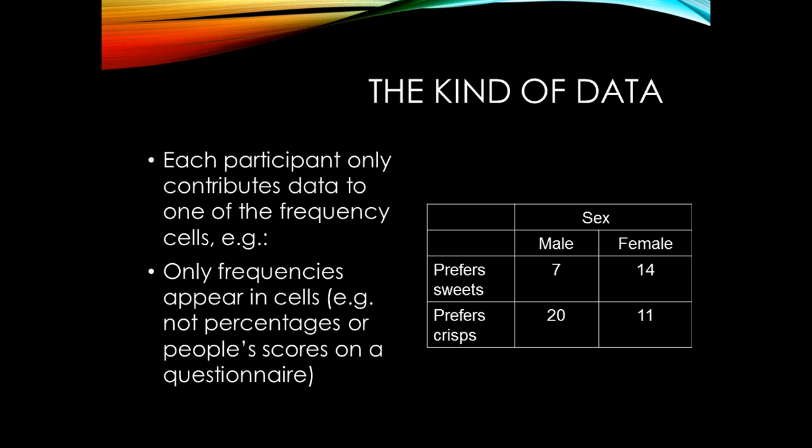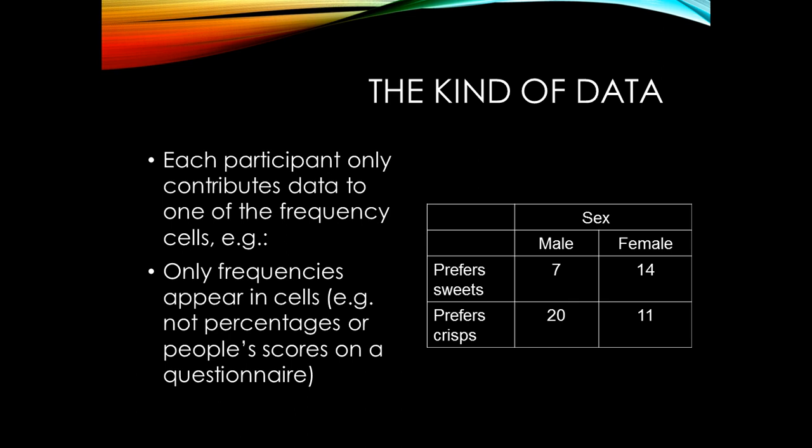Nice and straightforward. Just 4 numbers we need to think about here. Now each of the boxes there is normally referred to as a cell rather than a box. So just bear in mind, when I say cell, I'm not talking about prisoners and jail bars, I'm just talking about a box on a grid. And what we have in the boxes on the grids are frequencies.